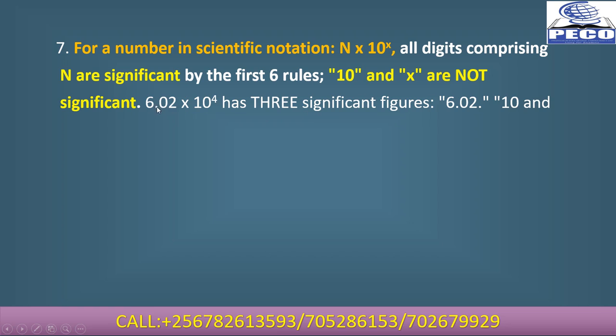These values here, we shall use the first rules on how to get the significant values. For example, this one is between the non-zero digits, so this value is significant. Okay, but this 10 to the power 4, the 10 and the 4 are not significant, so this value has 3 significant figures.